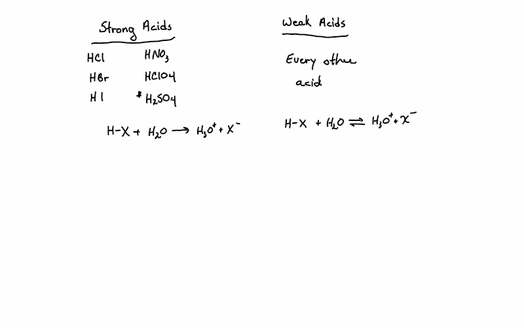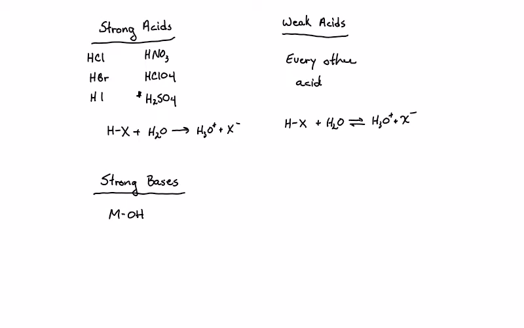Okay, we can make the same distinctions for strong bases. In a strong base, we're going to have a metal hydroxide. Okay, the metal could be any number of things.